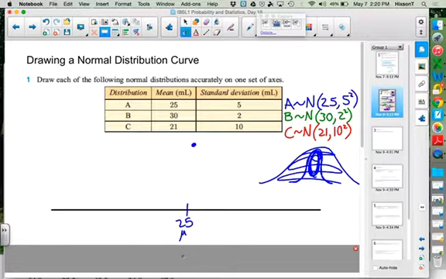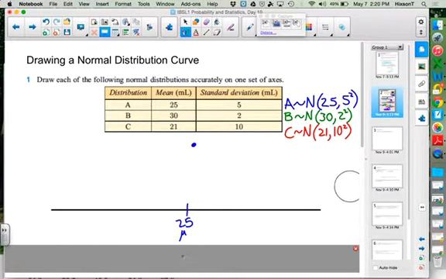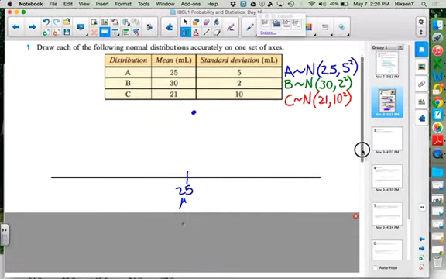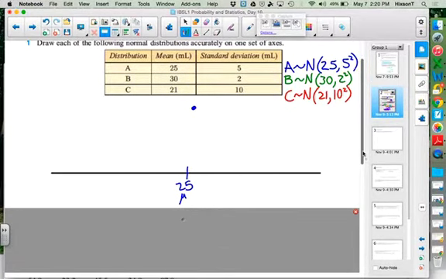Now, when we're sketching these, anytime we had to sketch a function, we had to look for some specific points to graph. And this is no different. The points that we're going to look at are points a certain number of standard deviations away from the mean.